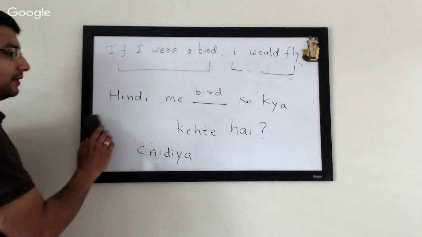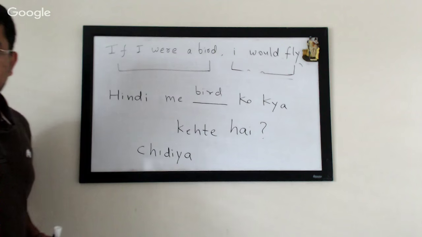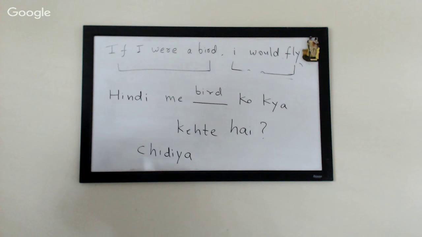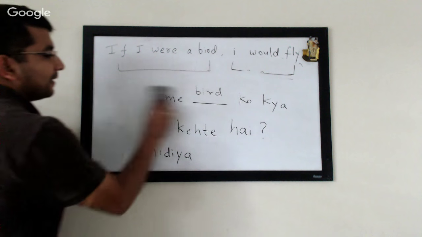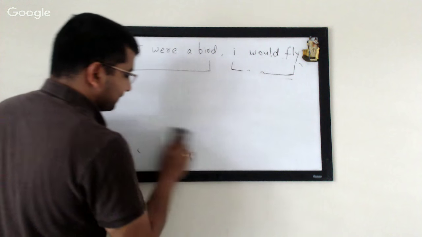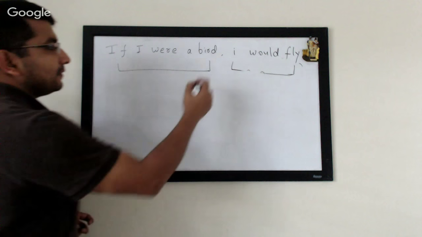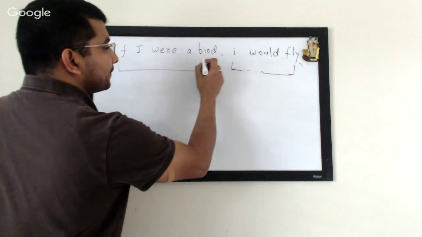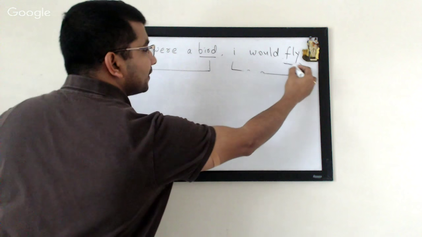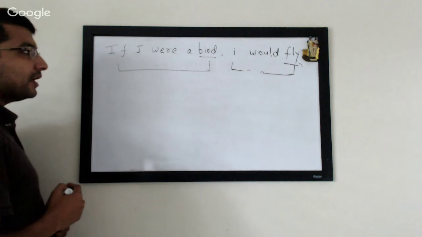Okay, so right, let's get going. So far we've learned the word for bird. We've learned a verb for fly, which is udna.